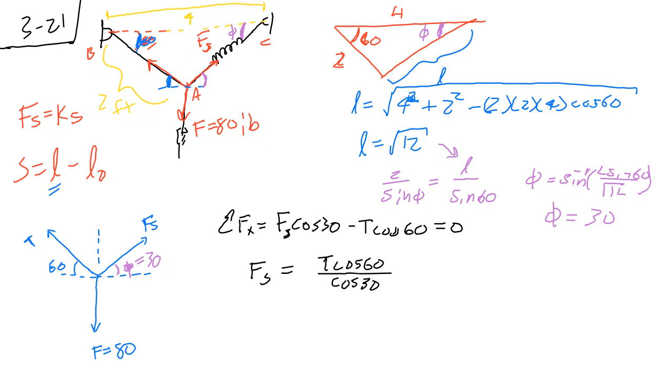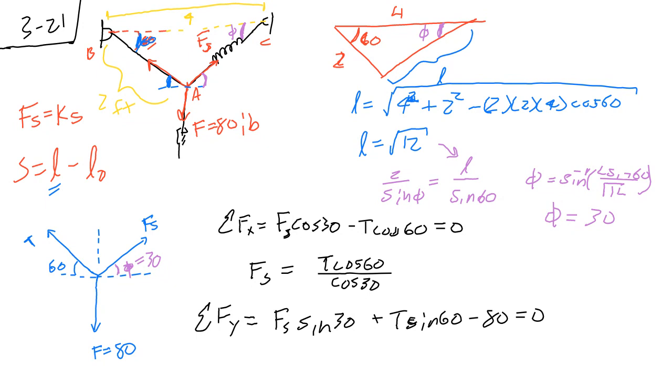All right, using the sum of the forces in the y direction, I'm trying to speed up so I can do one last question after this. So y direction: the spring force times sine of 30 plus the tension term equals zero.